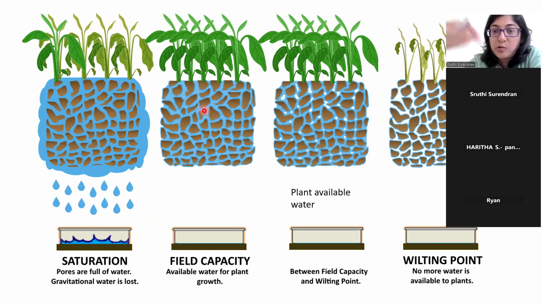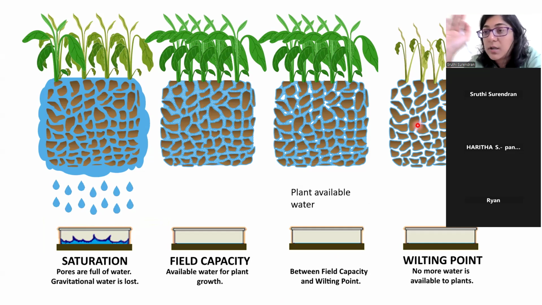Now, as time goes, as a result of evaporation or as a result of the plant taking up most of the water, a state is reached when the water in the pores declines, and only water that is called structural water, that is stuck to the soil particles, will remain.